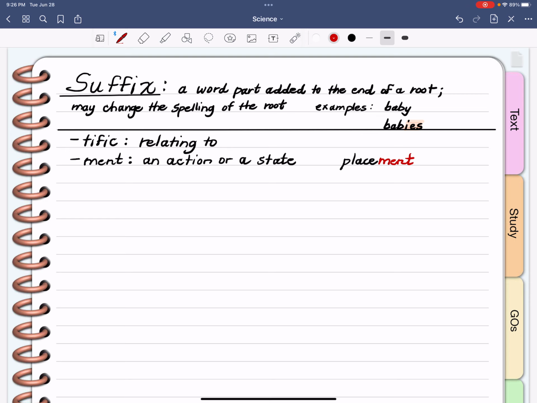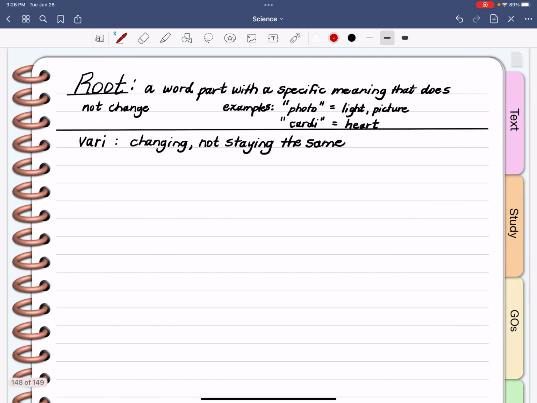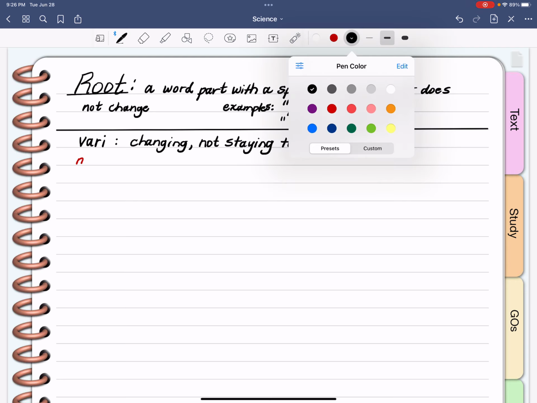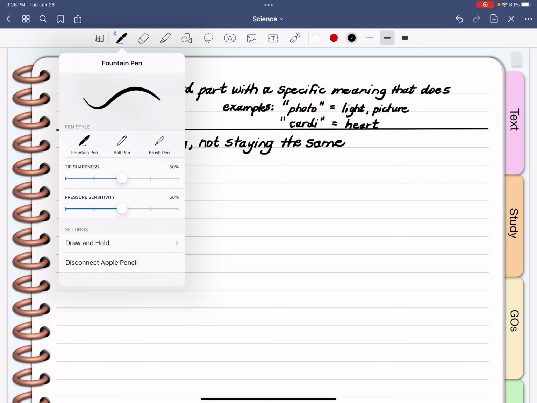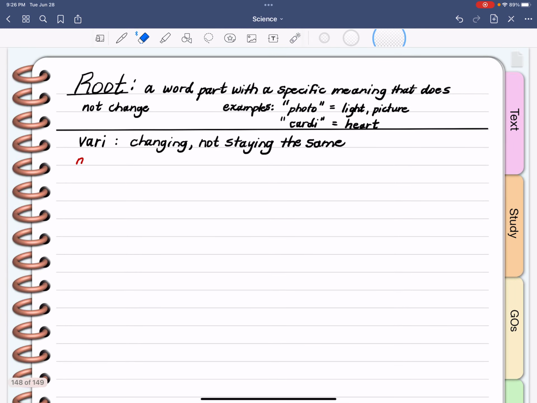Okay, let's look at a root. If you back up to that page, I'm going to give you both metric, I'm having serious iPad issues today. I'm getting tired, though. That could play a role. Metric, or also meter.